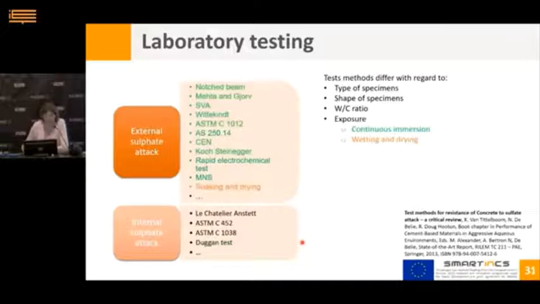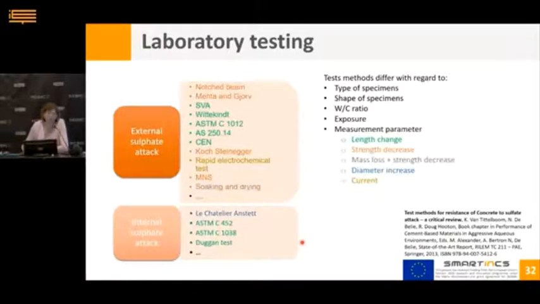If we then look at exposure, you can of course have the continuous immersion, where we look at a chemical attack, or at wetting and drying, where we also have in addition the physical attack of the specimens. If we look at the parameters that will be judged, there are also quite some different aspects.